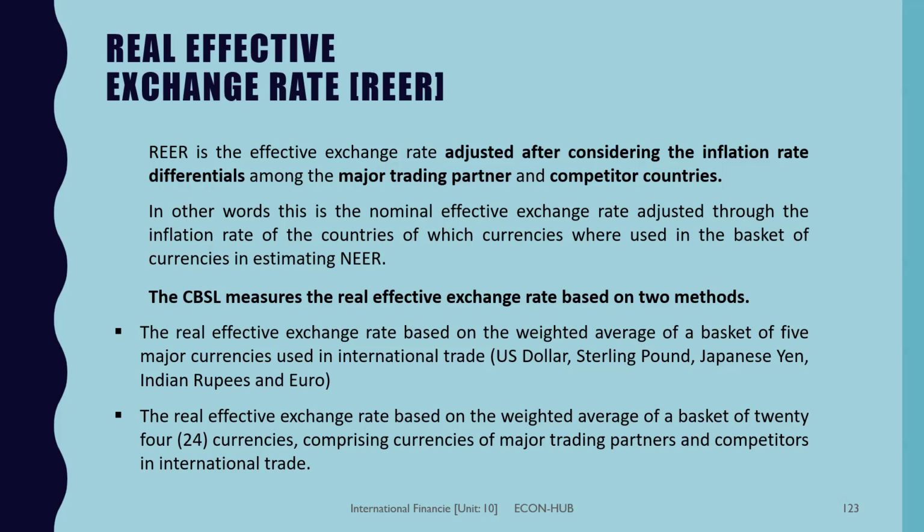In other words, this is the nominal effective exchange rate adjusted for the inflation rate of countries whose currencies were used in the basket of currencies in estimating the nominal effective exchange rate. The Central Bank of Sri Lanka also has two methods, basket of 5 and 24. So simply, the real effective exchange rate is the nominal effective exchange rate adjusted for inflation, which is also an index. Okay.